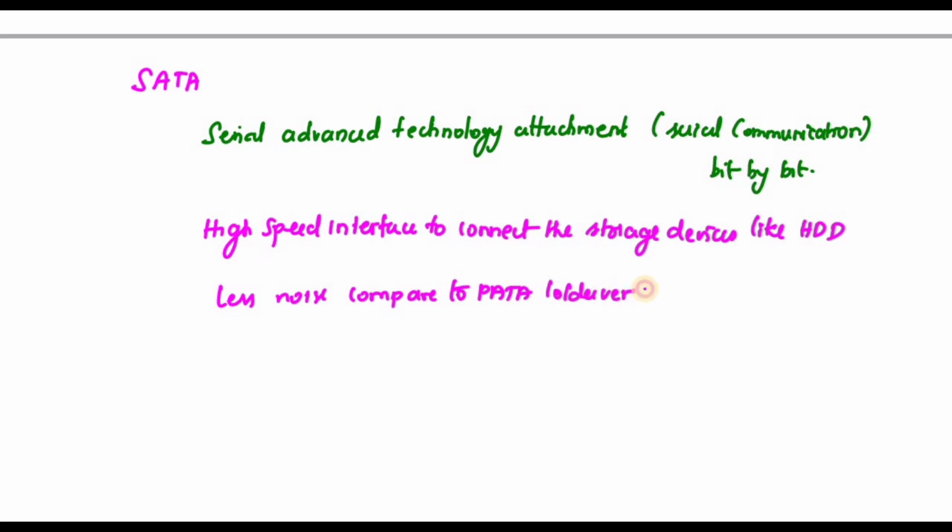It has much less noise compared to PATA, which is Parallel Advanced Technology Attachment, an older version. The different versions are SATA 1, which transmits data at 1.5 gigabits per second, SATA 2 at 3 gigabits per second, and SATA 3 at 6 gigabits per second.